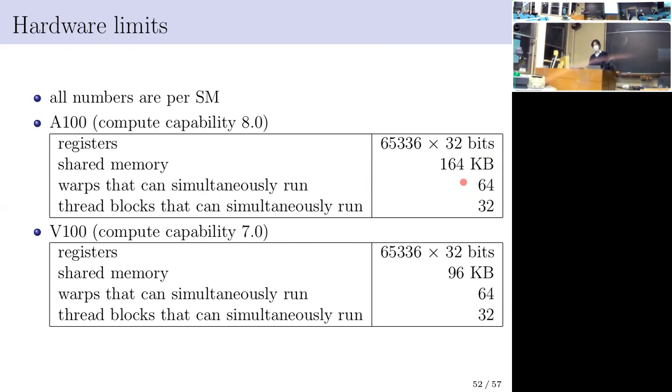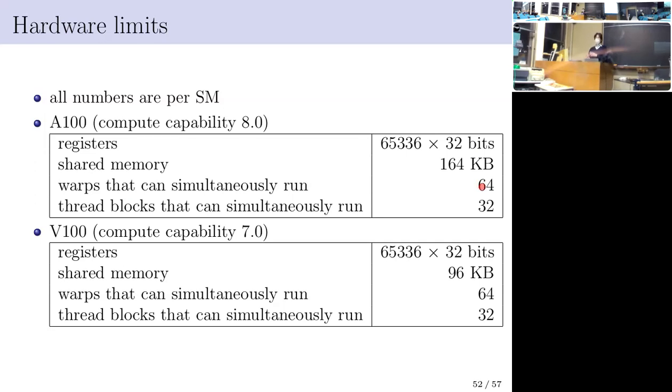Well, actually, there are two other somewhat more direct and straightforward limitations. First of all, the number of warps that can simultaneously run in each streaming multiprocessor is 64.